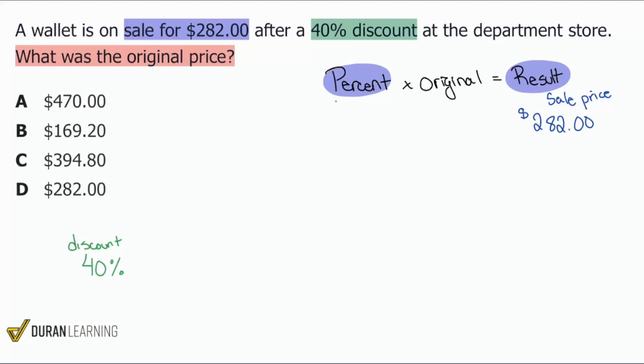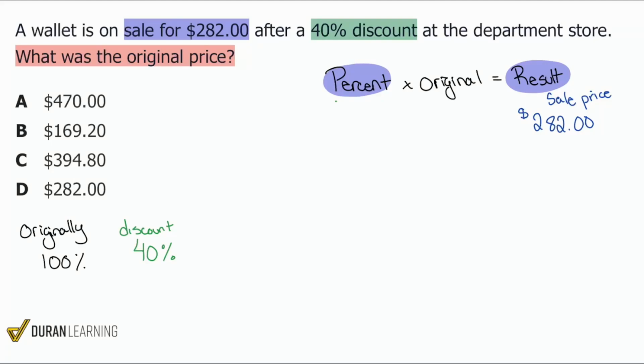So let's move this off to the side here, everybody. What is the percent that represents the original amount, the whole thing, before the discount? Yeah, that's 100%. So originally, our wallet that we're trying to buy here was priced at 100% of its value.